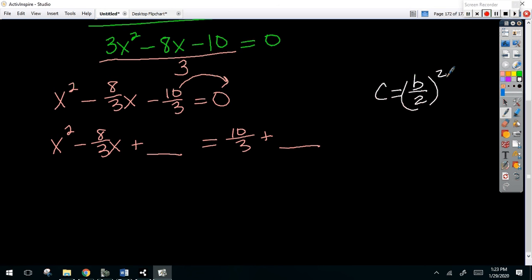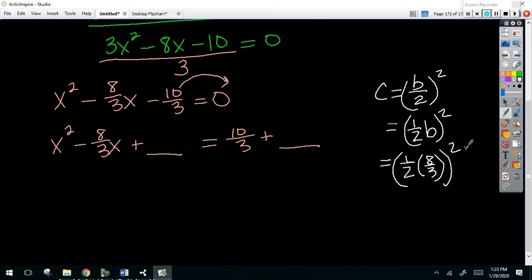What happens if my b is a fraction? Yes, you're exactly right. b over 2 is the same thing as 1/2 times b, right? That's going to make it easier to divide by 2 on the fraction, okay? So I've got 1/2 times 8 over 3, and once I do this, I'm going to square the whole thing.